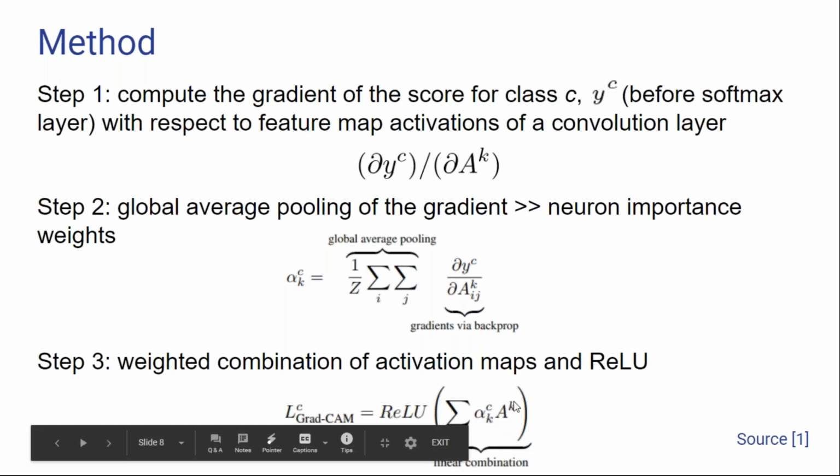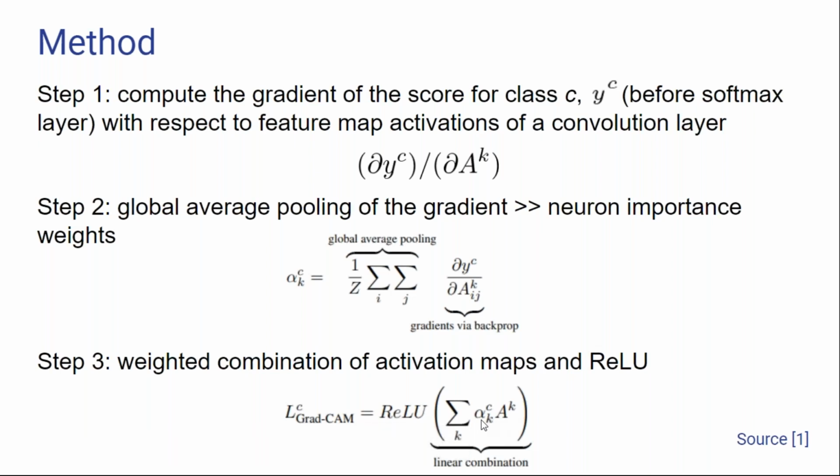If alpha is small, that particular A has less effect, and if alpha is large, that particular convolutional activation map has more effect on the determination of y. Okay, I understand now.